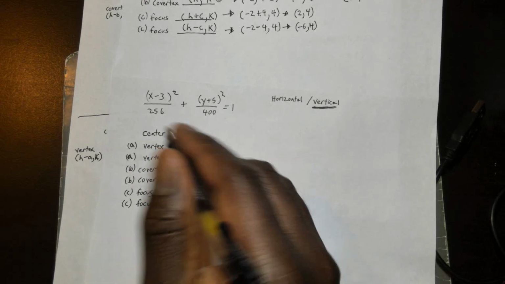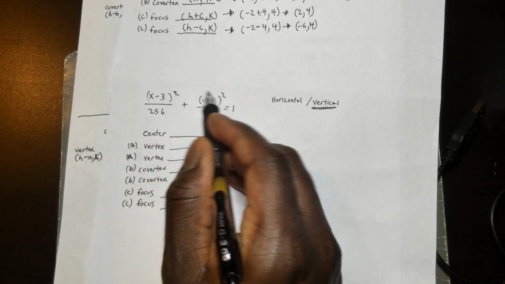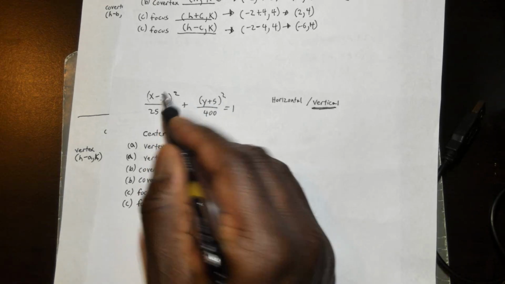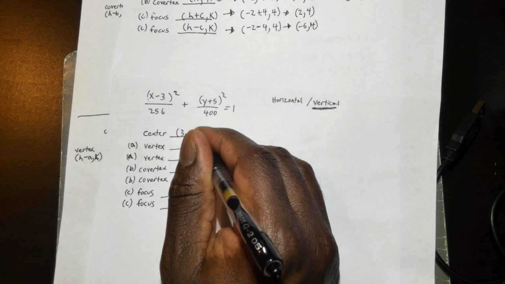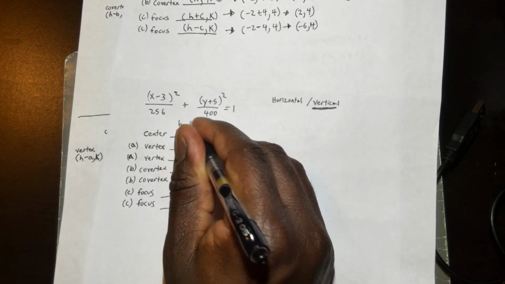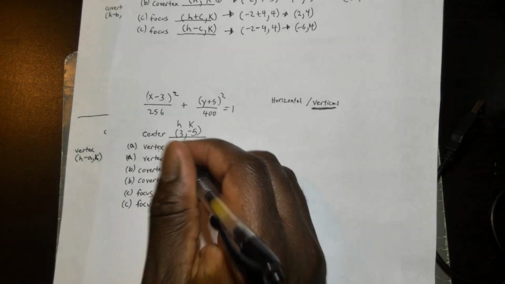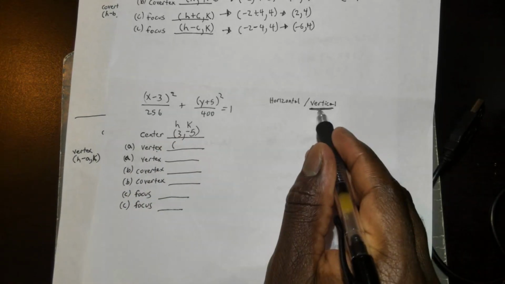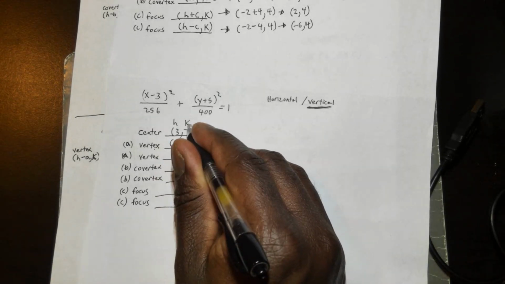So let's get the center first. The center is going to be from these two numbers. Because that's -3, we're going to say +3, and because this is +5, we're going to say -5. So that's our h and k. For the vertex, we know that this time it's a vertical change, so we're going to add on to the y part.